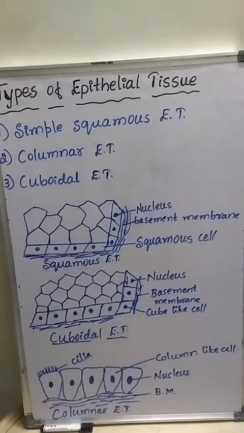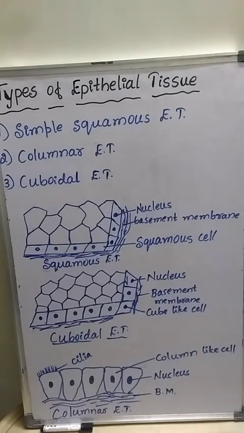Simple squamous epithelial tissues are present in the esophagus and form the lining of the mouth.